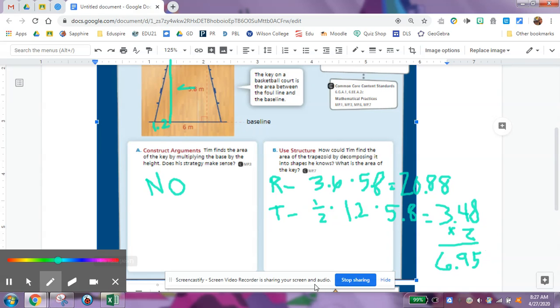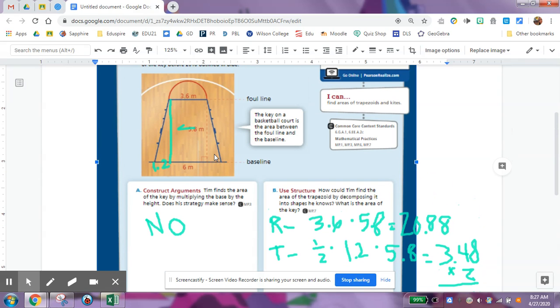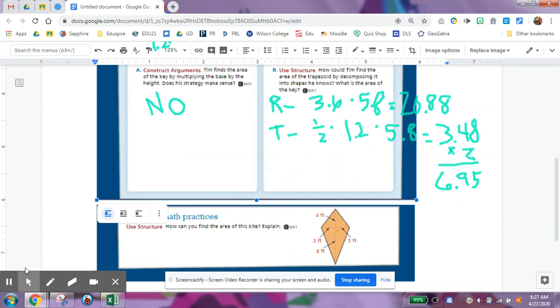Okay, so I have the area of the rectangle right here. I have the area of the two triangles, and that's going to give me the area of the shape because the shape is the triangles plus the rectangle. So I have 20.88 plus 6.96.